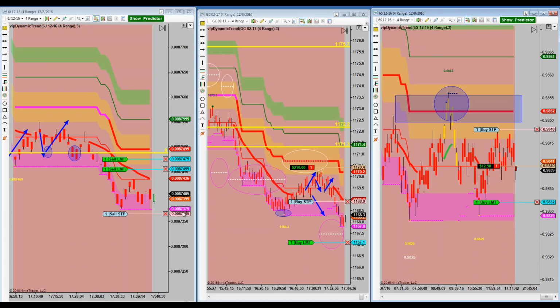Any yeses on the shorts, on the break? In other words, if it comes down through here, do you want to be filled short, yes or no? That's the question on the table now for the team. Yes or no on the breakdown short of support on 6J, would you take that?